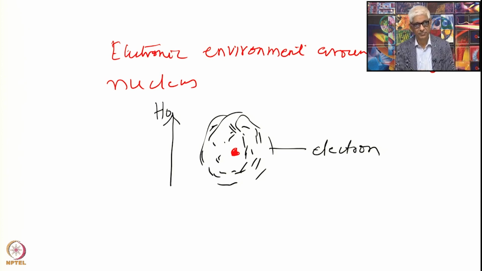Now I am putting this system in the magnetic field. This is the perturbation. What is the response of the electron cloud to this?